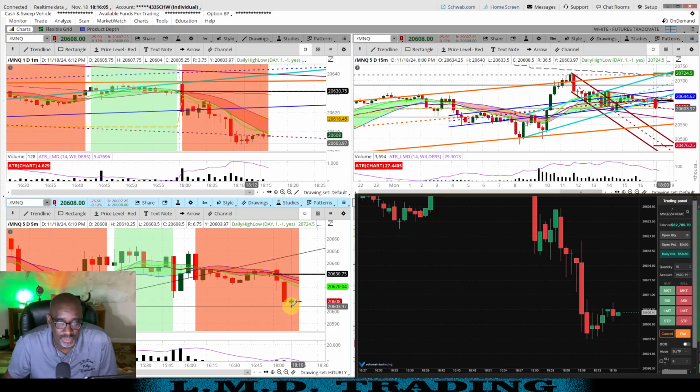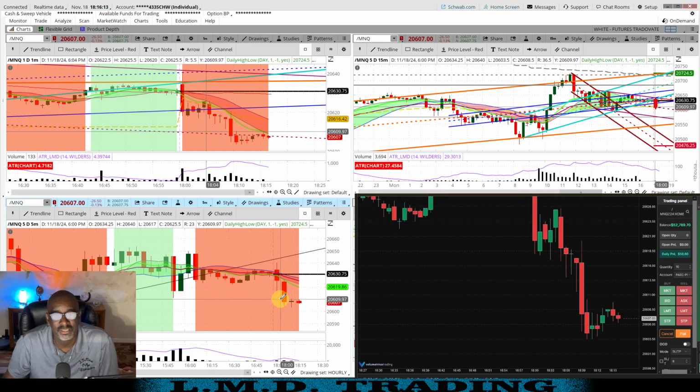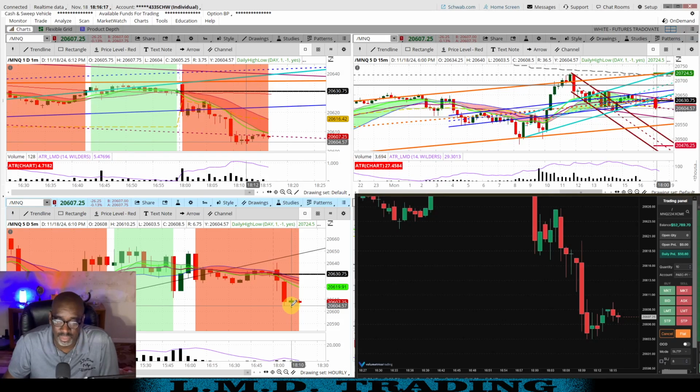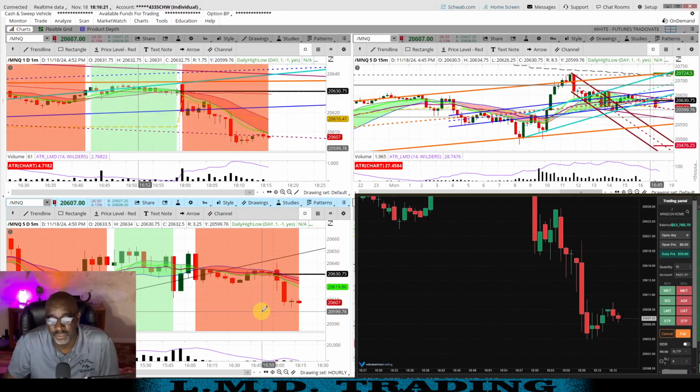Range on this candle is only 6.75. That would be a 7-point stop. If it broke the low of that candle, you put your stop on the high side of it. It's only a 7-point stop on one contract, one MNQ contract. You're only risking $14. Not bad risk. You hammer in with 10 of them, now you're risking $140.